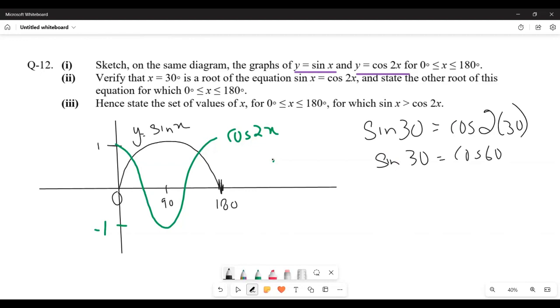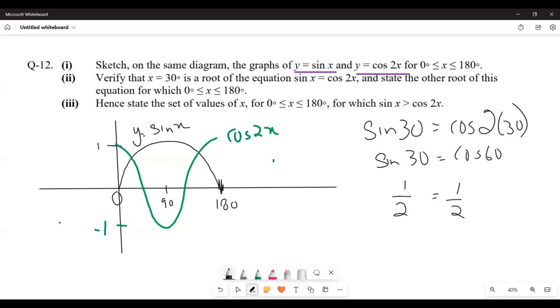No, both of them equal root 3 over... something is off. Sine 30 is actually half. And cos 60 is half as well. Sorry, yes. So this is half and this is half. So sine 30 and cos 60 give us the same answer.